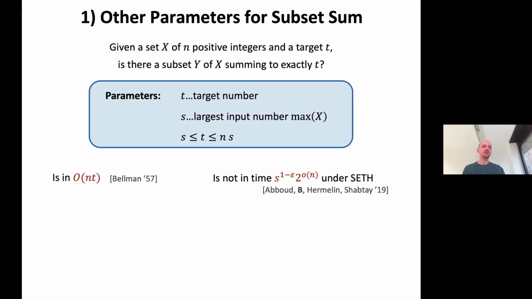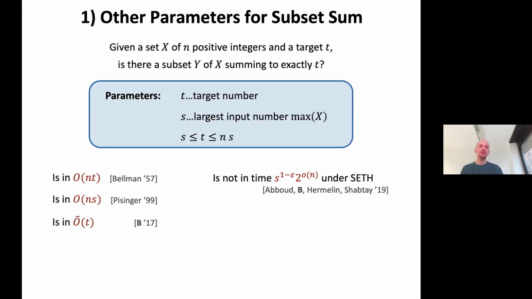But what is known? So of course you can solve it in n times t. Pisinger showed that you can solve it in n times s. And n times s is always better than n times t, or asymptotically dominates n times t, or however you want to call this, just because s is at most t.